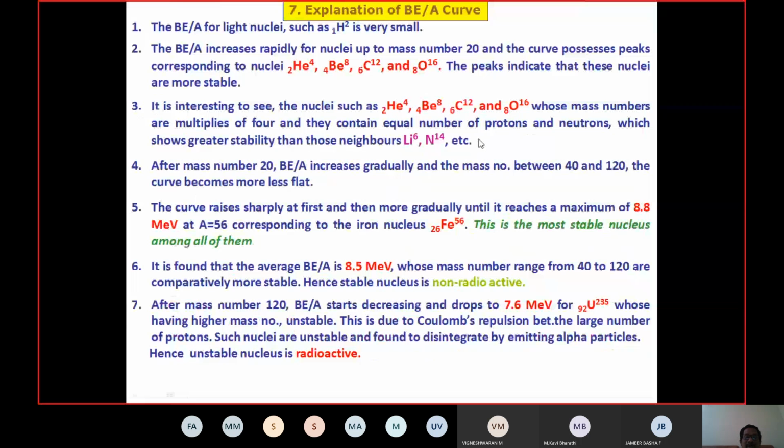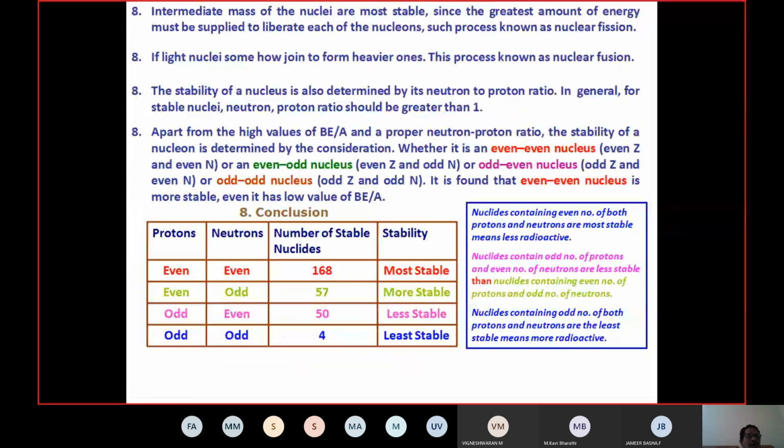Those emitting radiation are unstable. Those not emitting any spontaneous radiation are called non-radioactive, which are more stable, falling around mass numbers 40 to 120, with an average binding energy per nucleon of 8.5 MeV. Binding energy per nucleon can also be increased by nuclear fission and nuclear fusion.